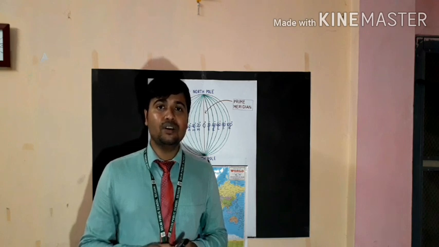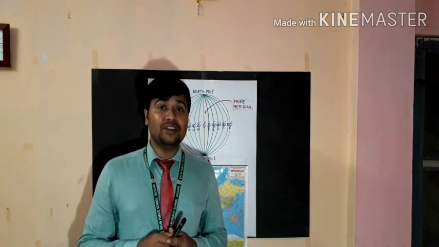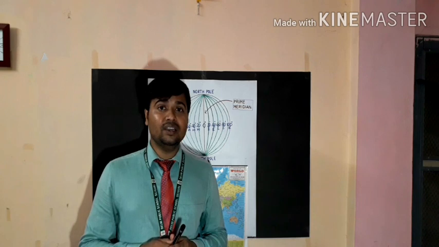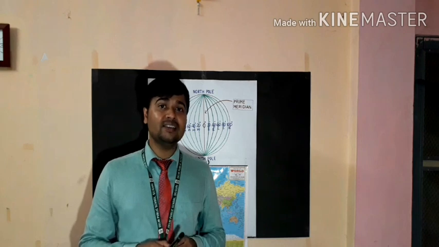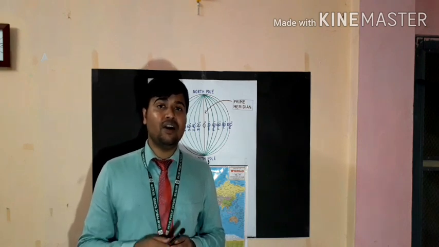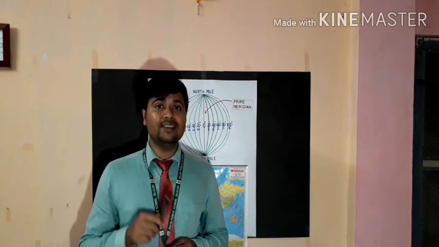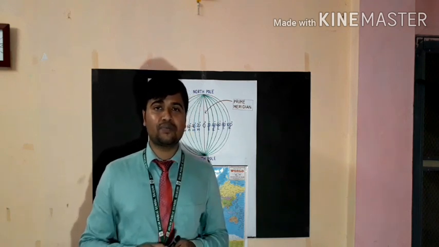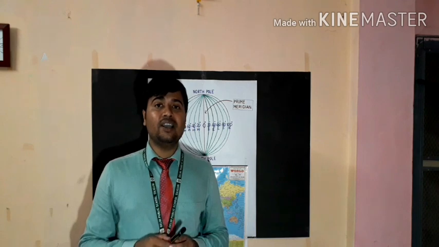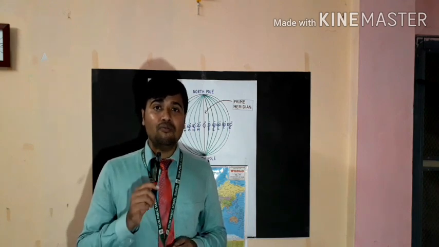Number 4, latitudes divide the earth into the northern hemisphere and southern hemisphere, whereas longitudes divide the earth into the eastern hemisphere and western hemisphere.